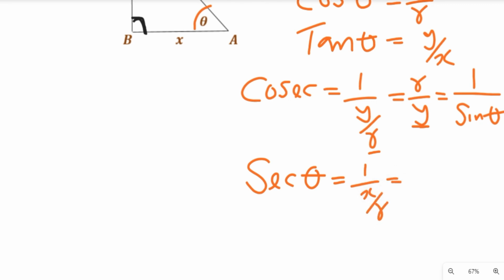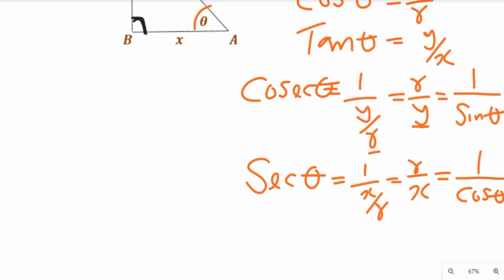So this value will give us r divided by x, and that very aspect will be equal to 1 divided by cos theta. So sec theta is equal to 1 over cos theta, and that is the inverse of cos theta.